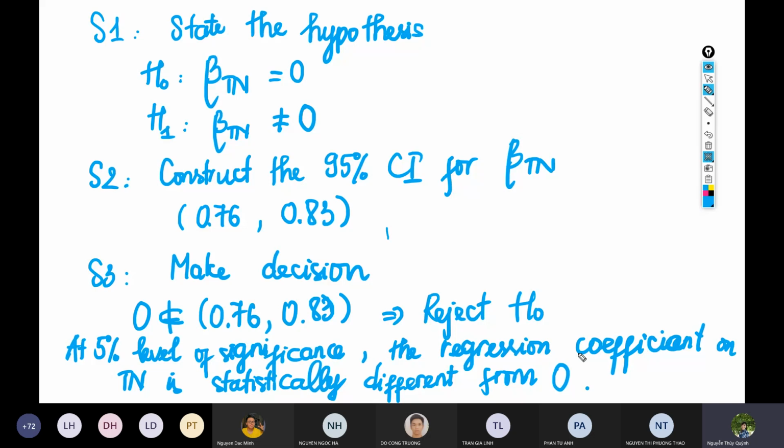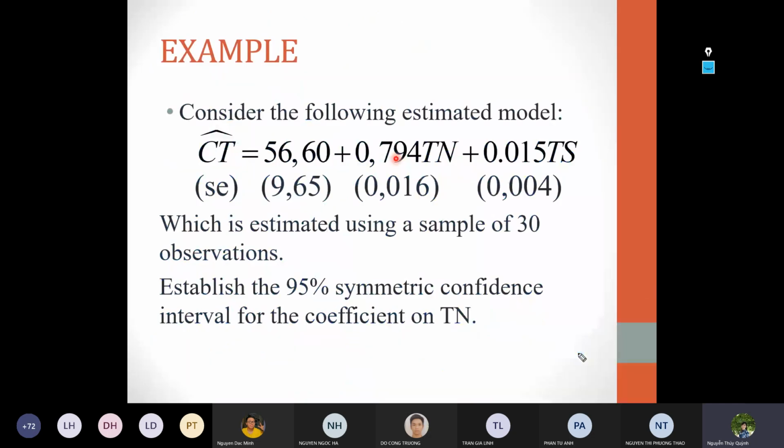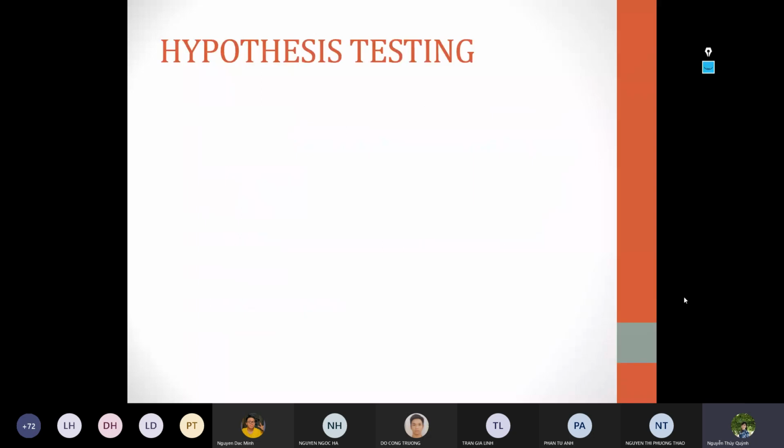In the test of significance approach, for an individual regression coefficient, we will use a t-test. Now let's see how we can use it to test for an individual regression coefficient.